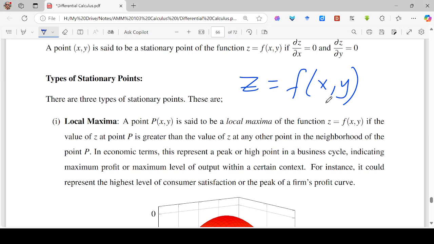For example, it could represent the highest level of consumer satisfaction or the peak of the firm's profit.